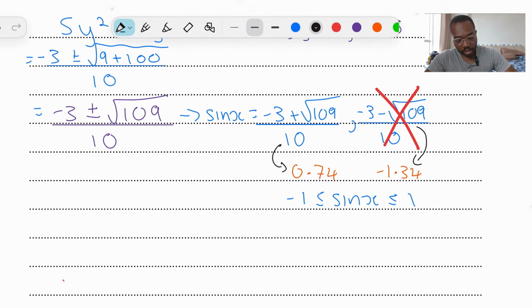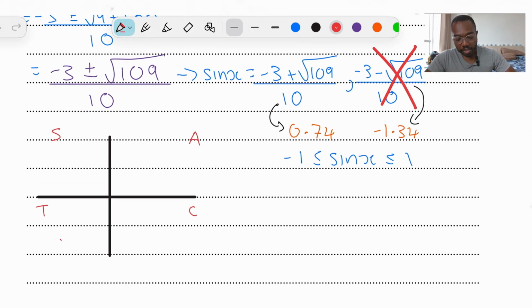So if we draw a CAST diagram now, I draw my CAST diagram here. Then if you do the inverse sine of minus 3 plus the square root of 109 over 10 on your calculator, you will get 48.1. Okay, make sure you're in degrees.